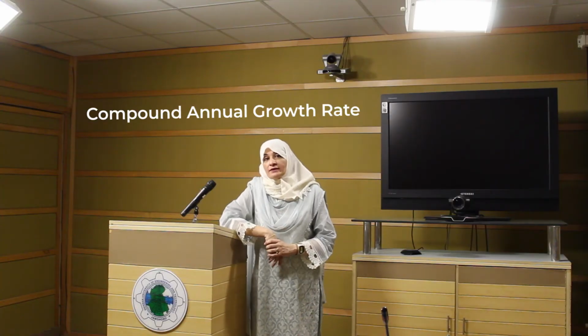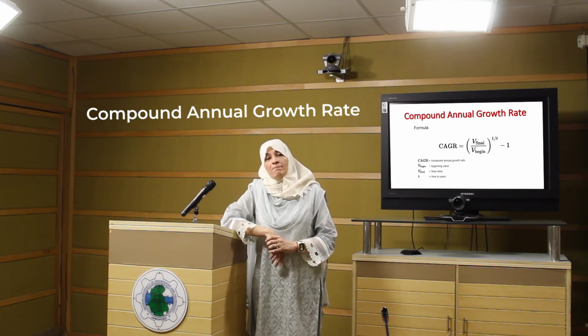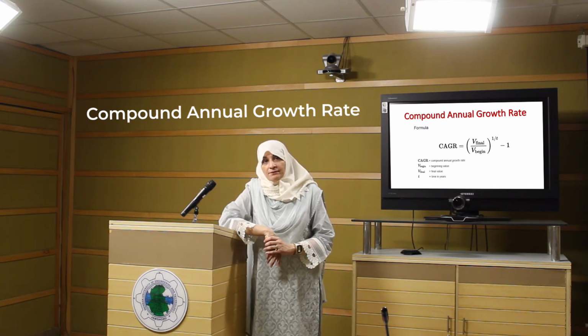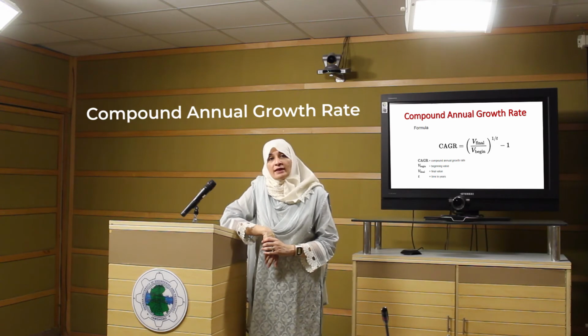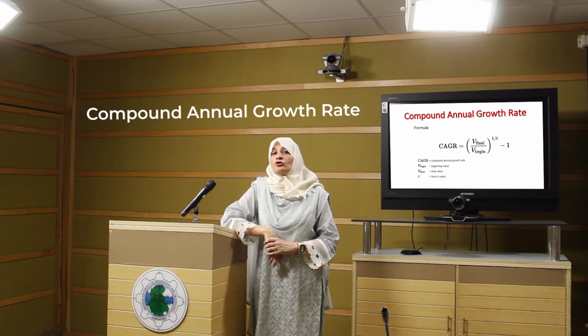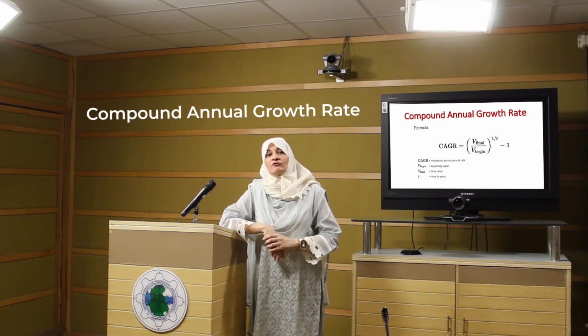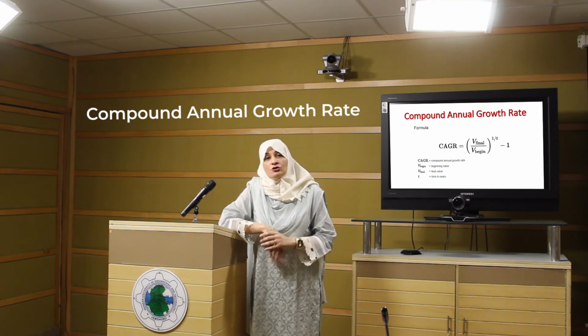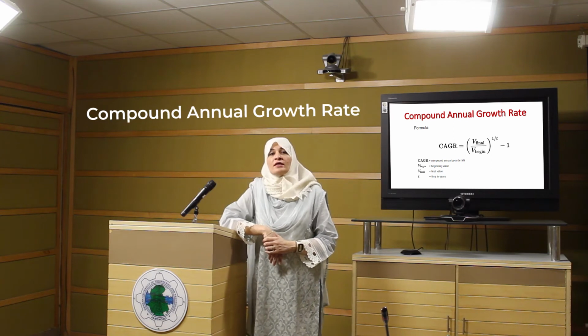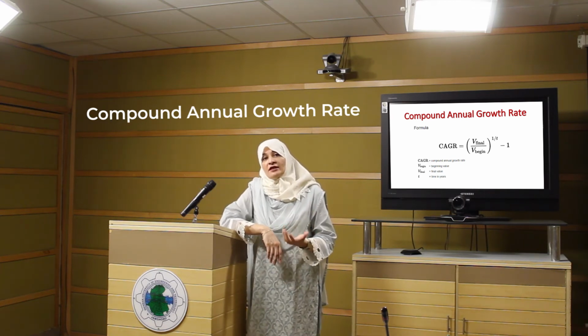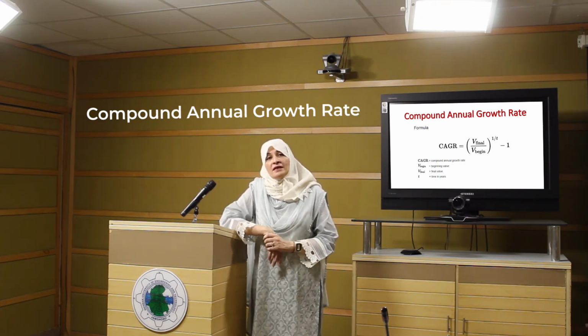CAGR, in fact, is an acronym for compound annual growth rate. And compound annual growth rate is usually calculated for the industry in order to forecast the future health of that industry. As I mentioned already, if an invention is for a non-growing industry, the chances of acceptance of that new invention in the market would be very meager.